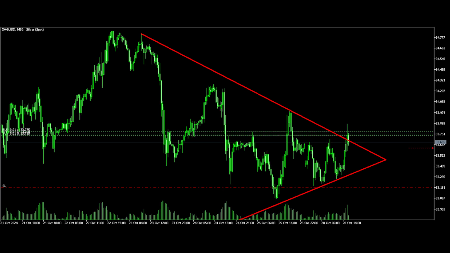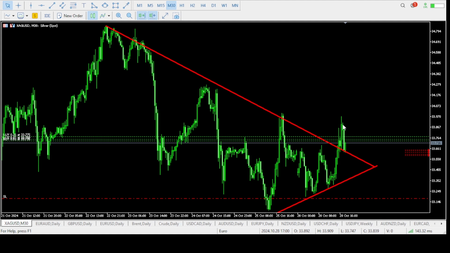So after entering this trade, you can see on M30 this bearish close candle, then this huge bearish close. So price is really coming against me. There is a pattern that is in play right now, which is the Gartley pattern.